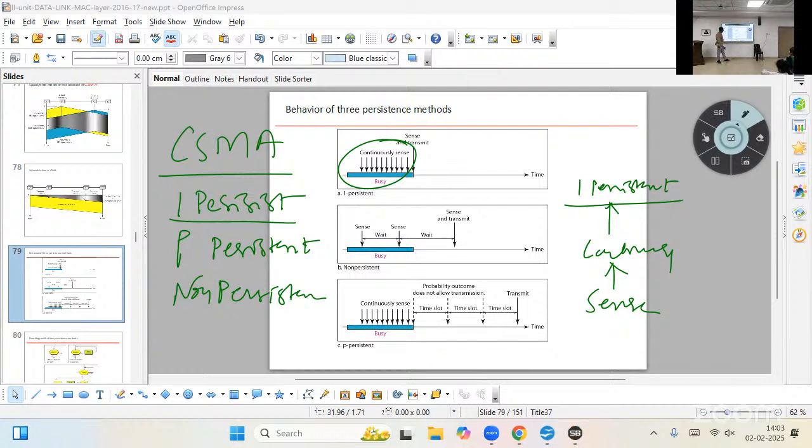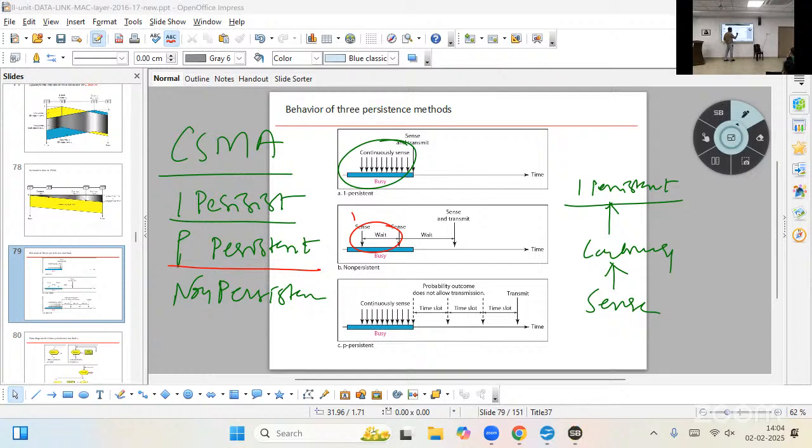Then the second category. What is the second one? P persistent. What is P persistent? P persistent is P probability. Wait for some random amount of time. If you want to send first, sense the channel.